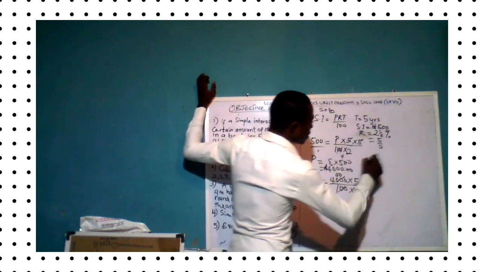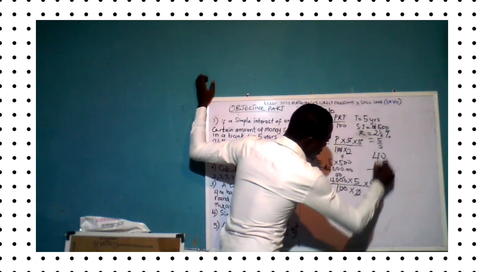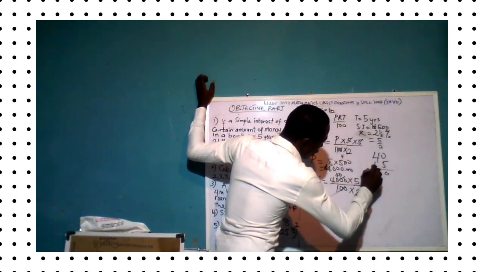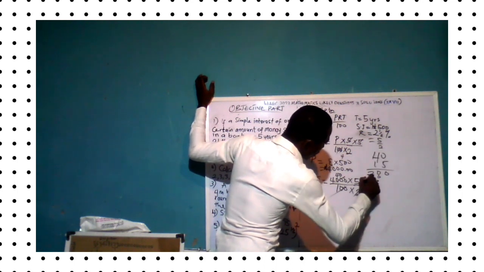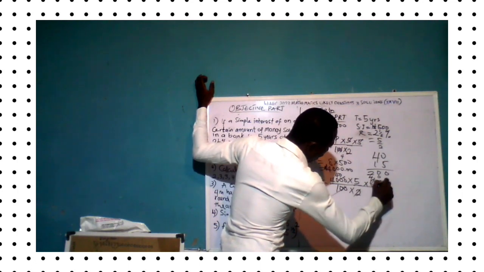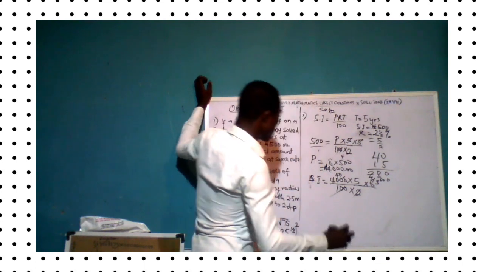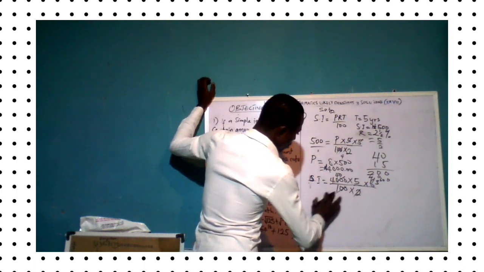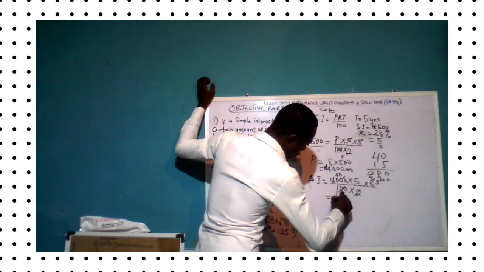Then 40 multiplied by 15, we write 0, then remember 2, 1 times 0 you have 0, then you have 4. If you add it up, this is 600 naira. The simple interest is equal to 600 naira for the 6 years.